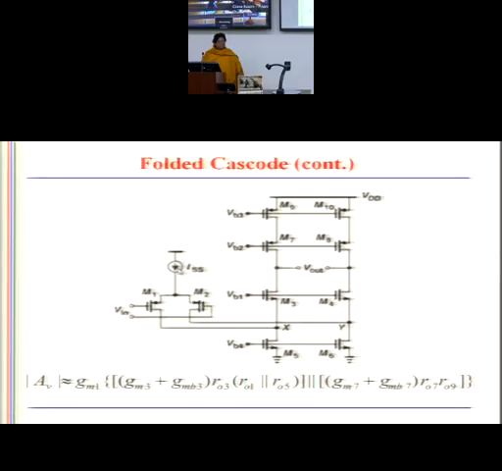Okay? This is a folded cascode op-amp. By folding the cascoded differential pair, we obtain the folded cascode op-amp structure.